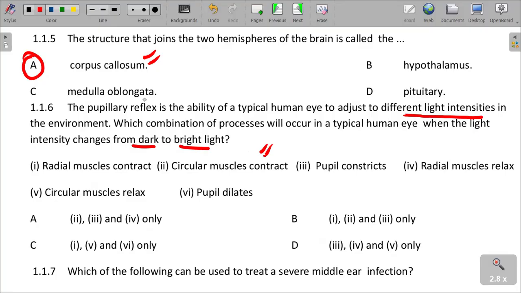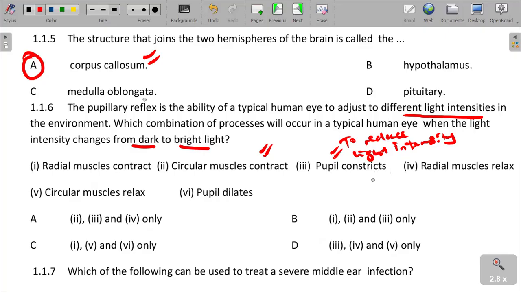And then we also need to understand that the pupil constricts in order to reduce the amount of light entering the eye. Light intensity is reduced because of the constriction. Constricting means becoming small.